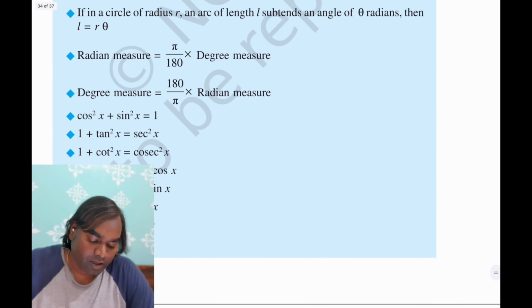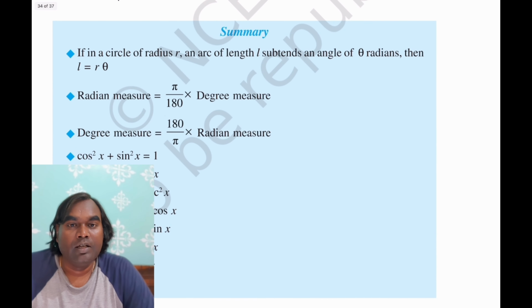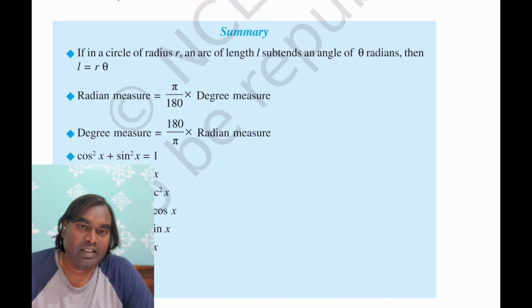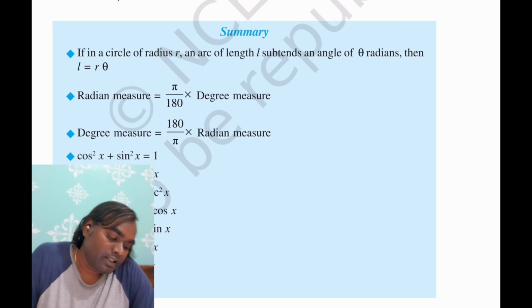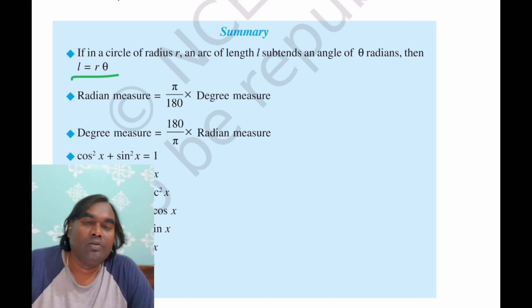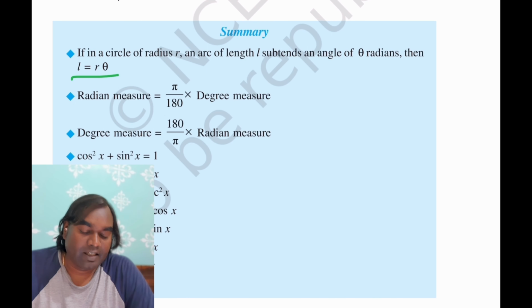Now I will summarize what we have discussed in this video lecture. If in a circle of radius r, an arc of length L subtends an angle of theta radians at the center of the circle, then the relation is arc is equal to radius into angle, that is L is equal to r theta.